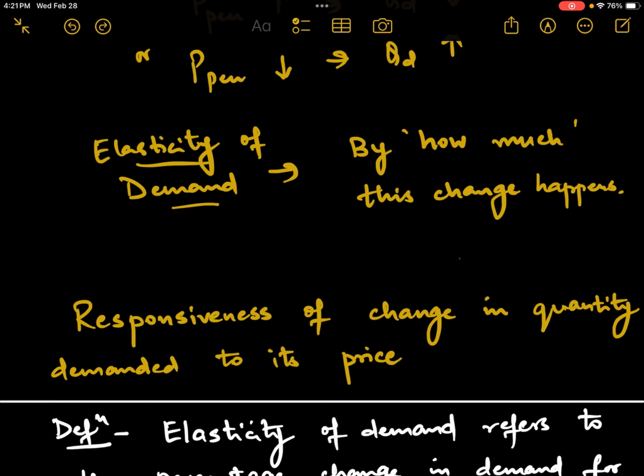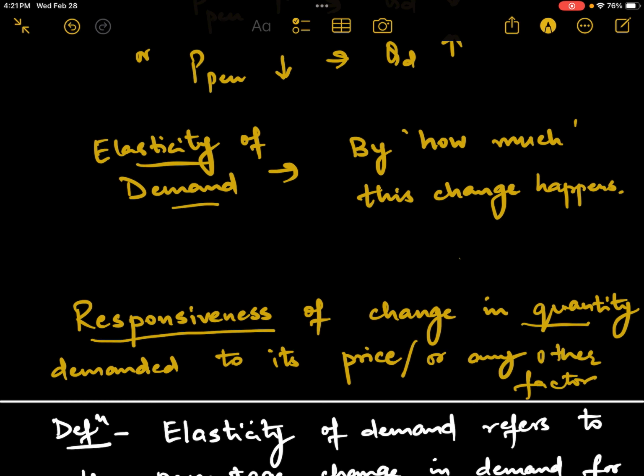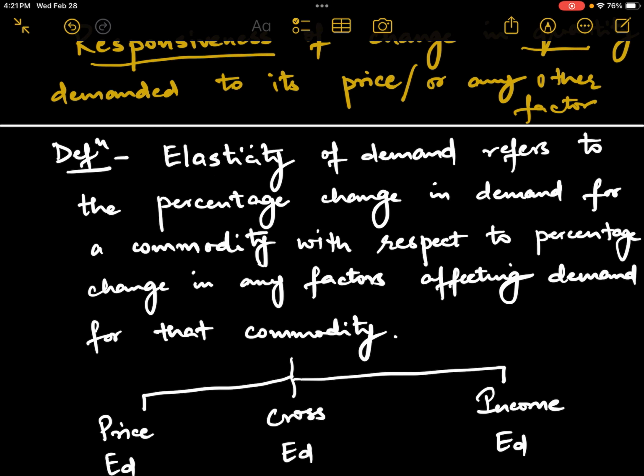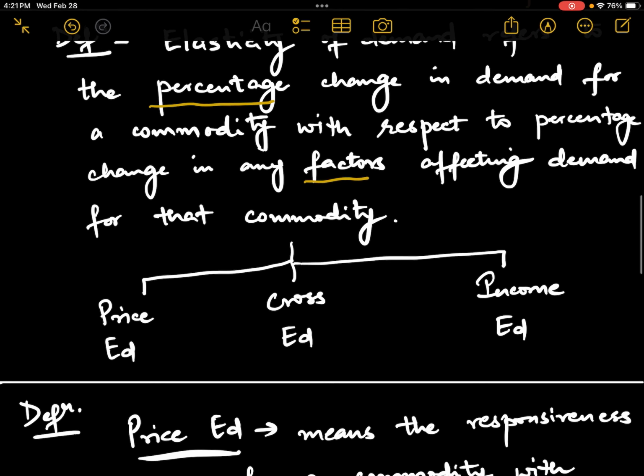So basically we are trying to understand the responsiveness of change in quantity demanded to its price or any other factor, like your income or price of related goods. Now the definition for elasticity of demand is that it refers to the percentage change in demand for a commodity with respect to percentage change in any factors affecting demand for that commodity.